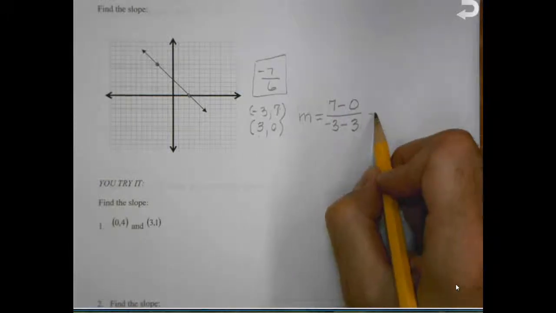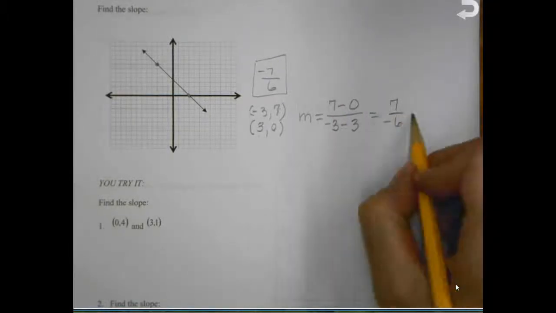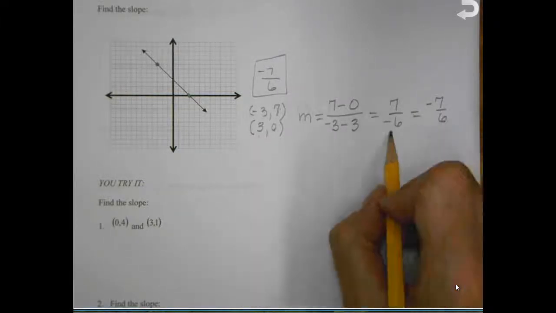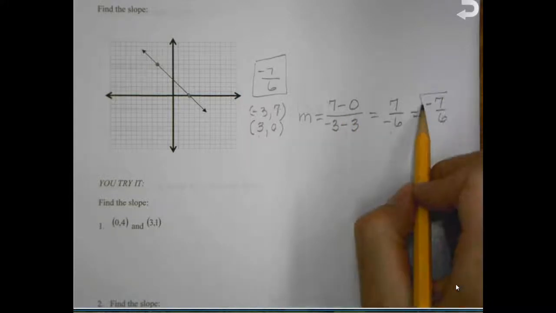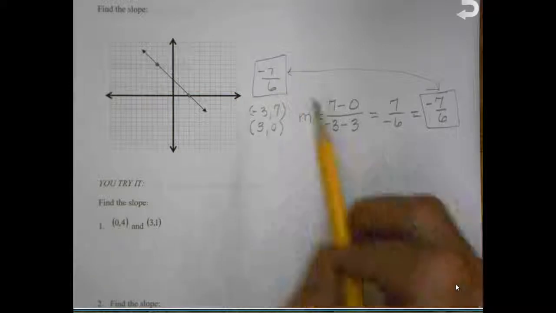And the 7 minus 0 is 7, negative 3 minus 3 is negative 6, and remember, we like to have our negatives on top, and these two are exactly equivalent, so we can move the negative straight up to the top. So two different ways of getting the same slope.